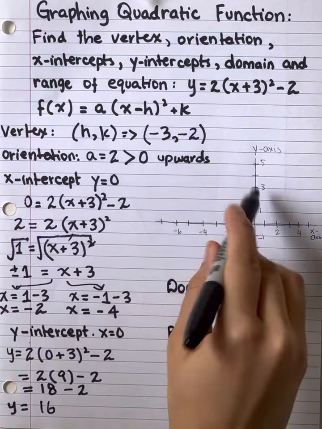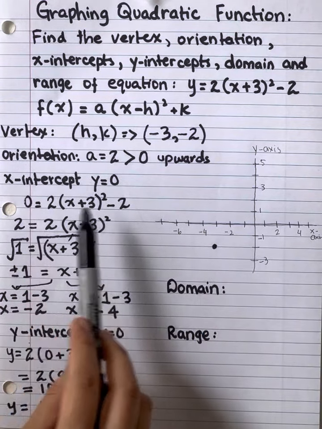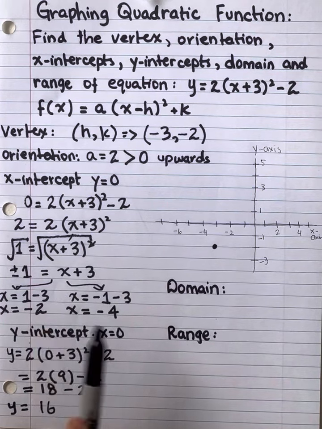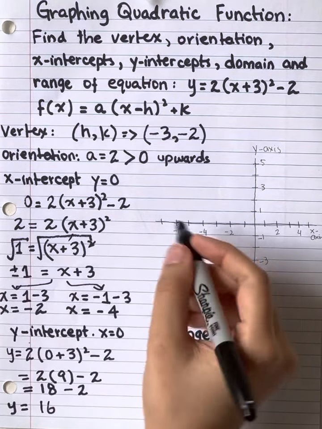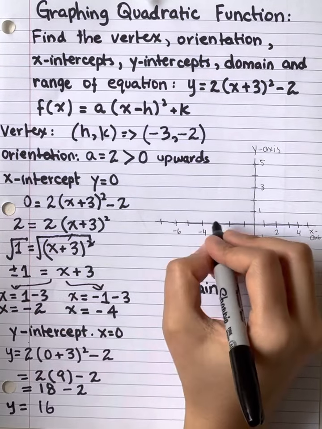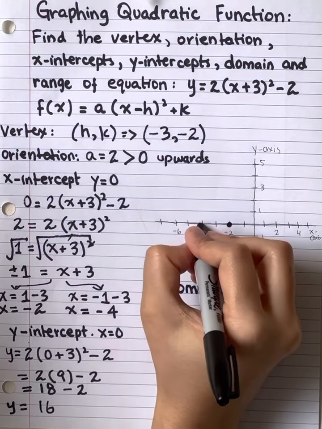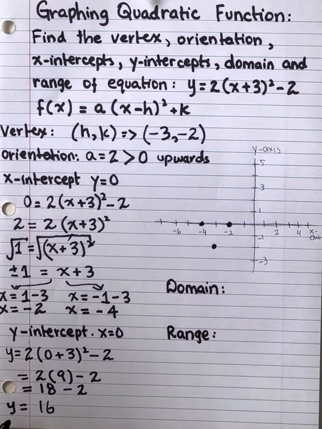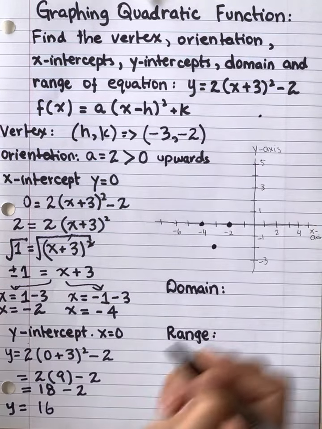The orientation is upwards, so that's why the vertex is the minimum point. Now the x-intercepts: an x-intercept is a point where y is 0 and our parabola intersects the x-axis. So -2 is the first intercept, -4 is the second intercept, and then 16 is our y-intercept, which is going to be somewhere over here.